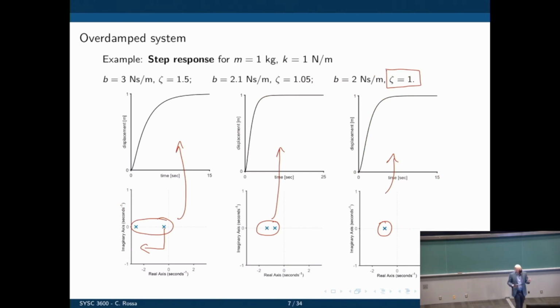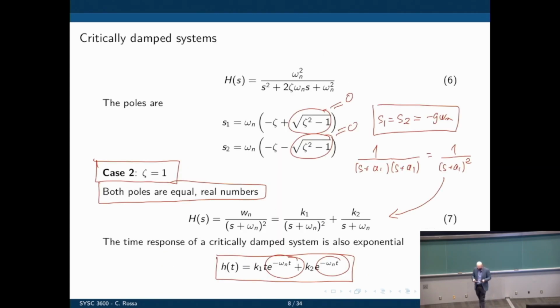As we decrease the damping ratio, the poles are starting to move towards each other. They are going to meet at some point, and when they meet, they are the same. That is what characterizes a critically damped system. Two real numbers, two negative real numbers, those are the poles. The result is still an exponential waveform.